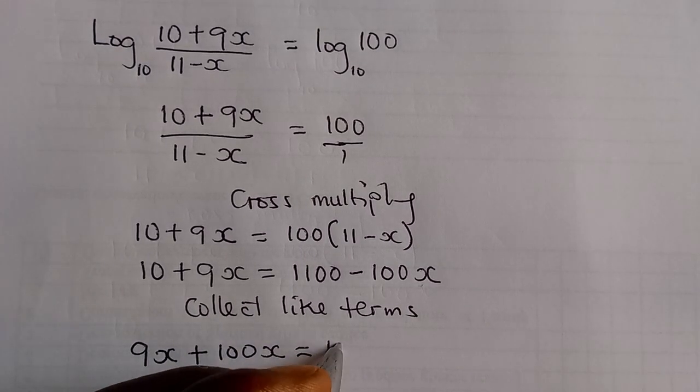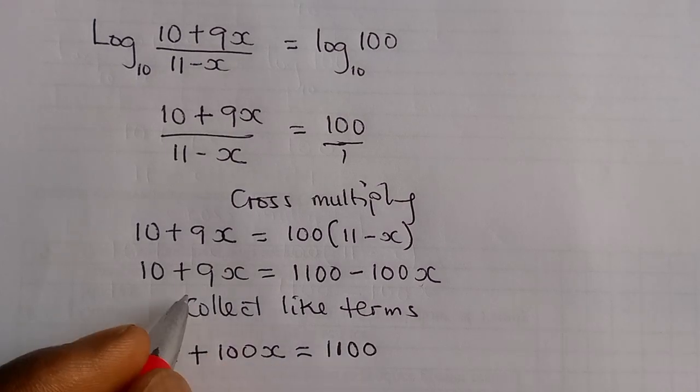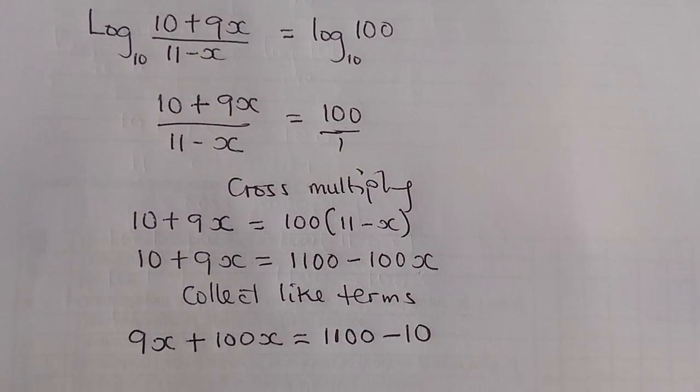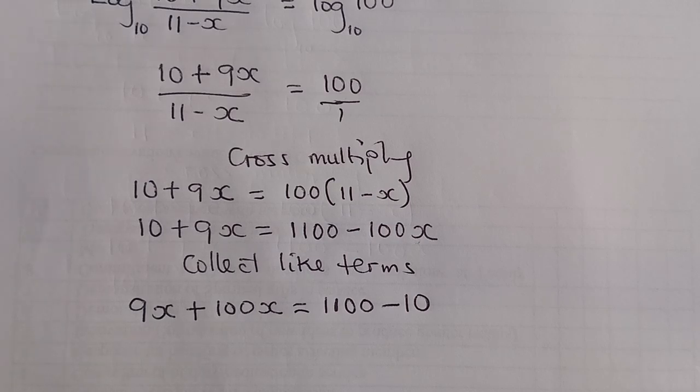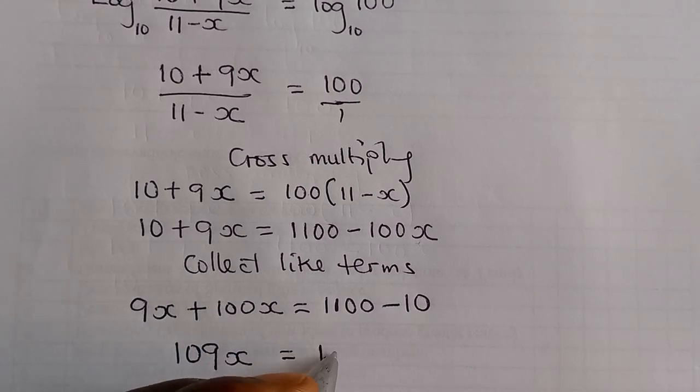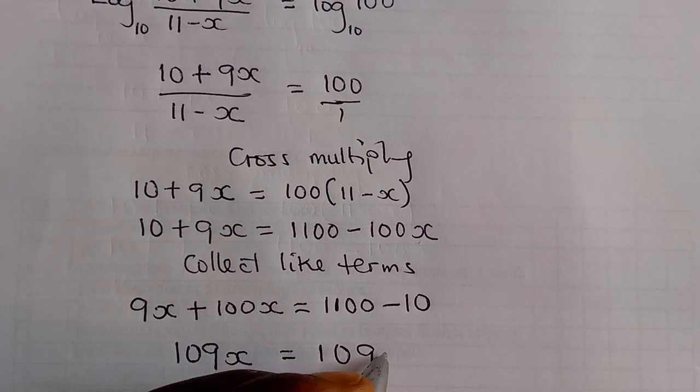That's equal to 1100, and 10 crossing here becomes minus 10. And this is equal to 9x plus 100x, that's 109x, equal to 1100 minus 10, which is 1090.